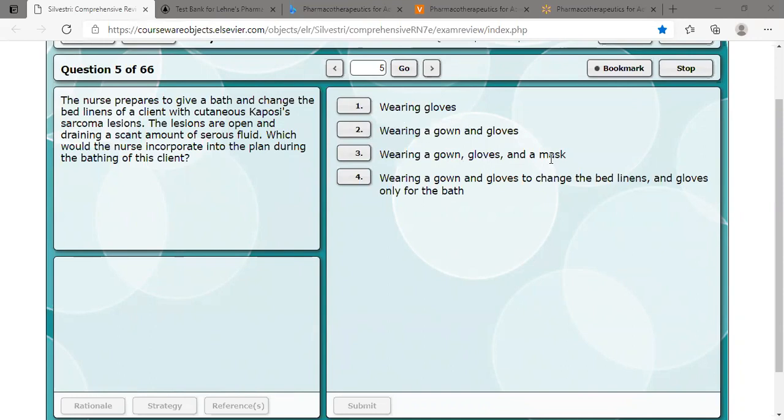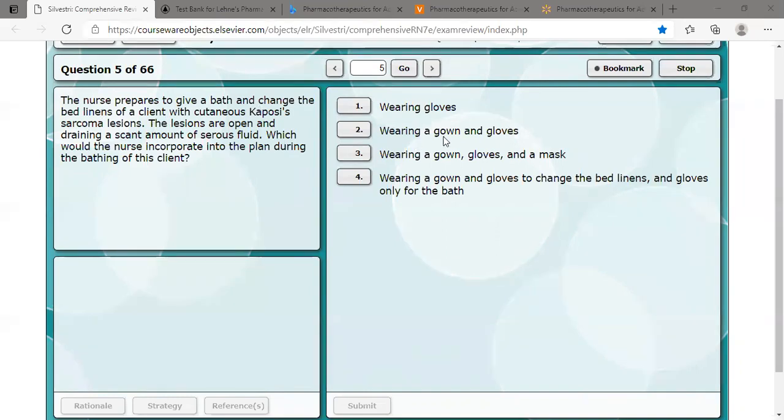Basically, masks we wear if the patient is on airborne or droplet precautions, but our patient here has nothing related to this, right? And here they said we need to change the soiled linen.